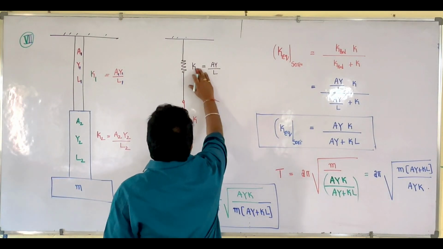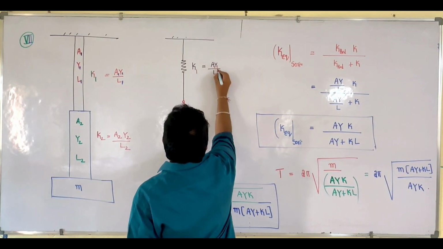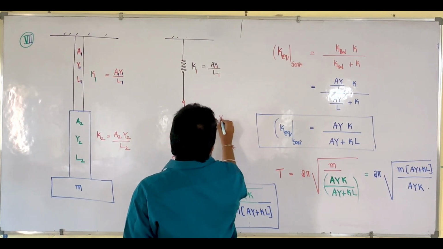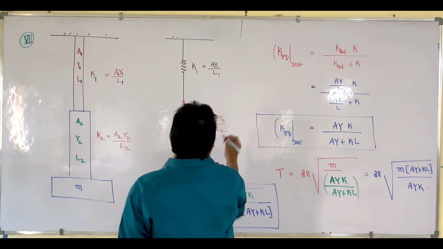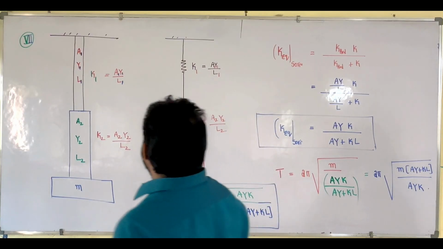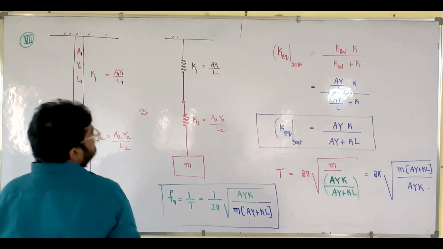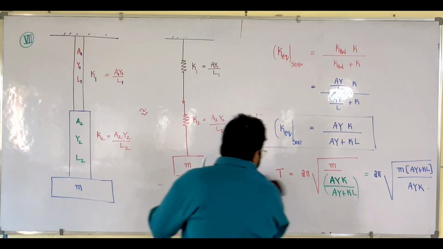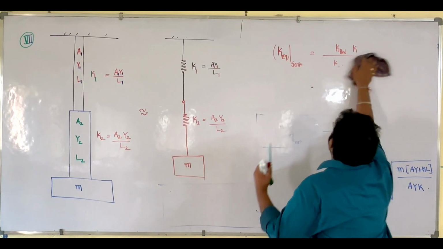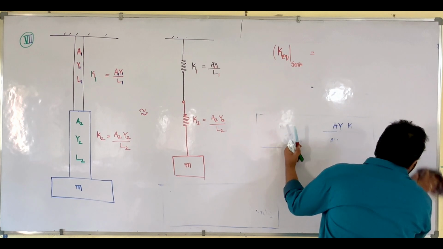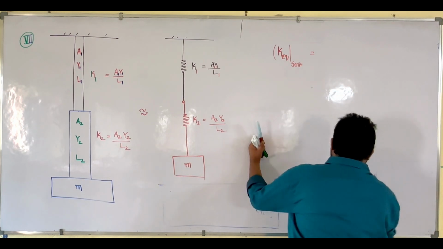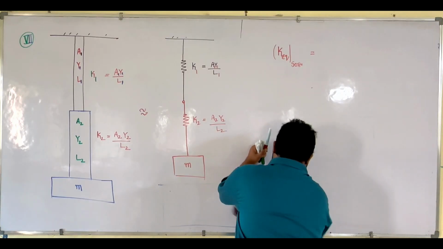So K1 equals A1 Y1 by L1, and K2 equals A2 Y2 by L2. These two are equivalent to a series combination.